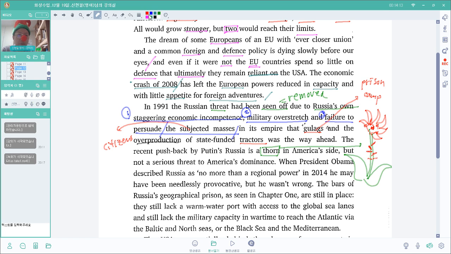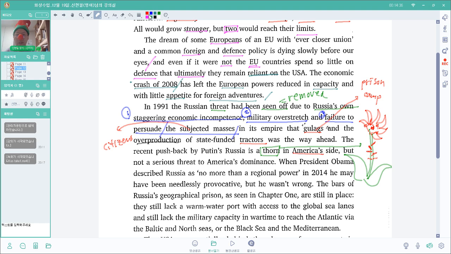So Russia is just a little thorn in America's side. It's a little obstacle, a little bit irritating to the American side, but not a huge threat for America anymore. It is not a serious threat to American dominance.